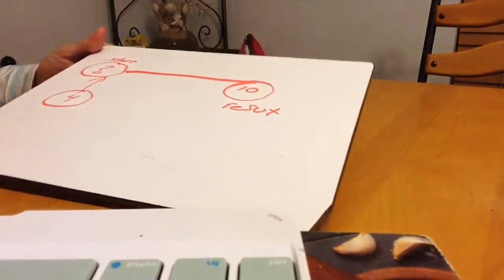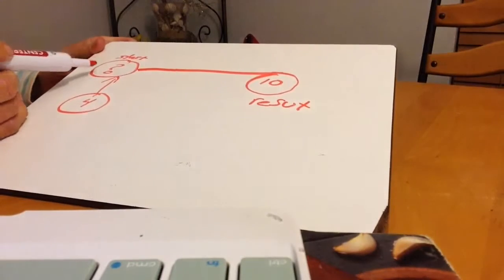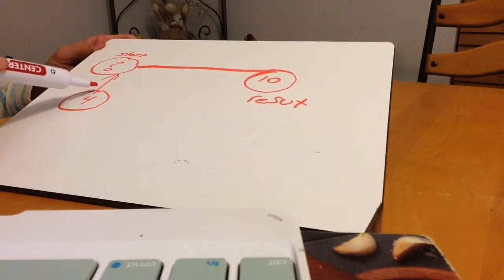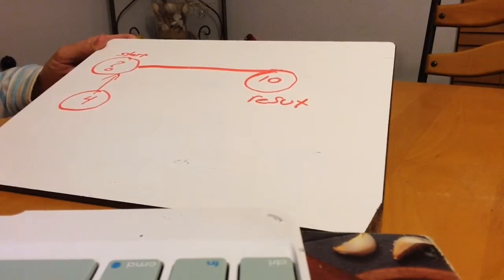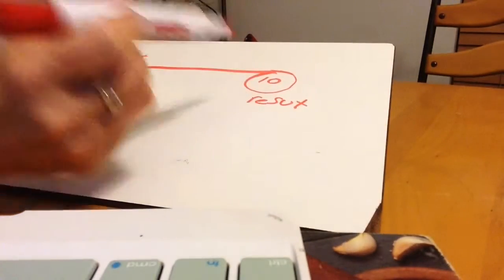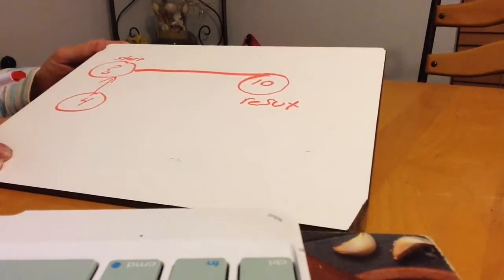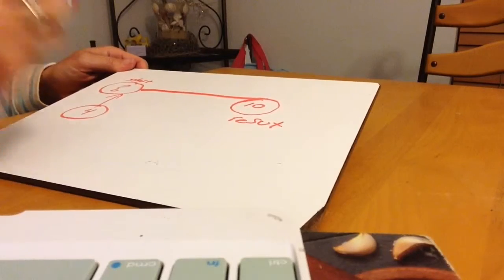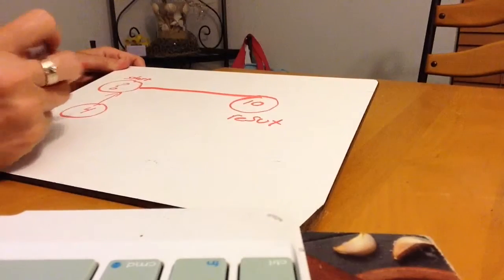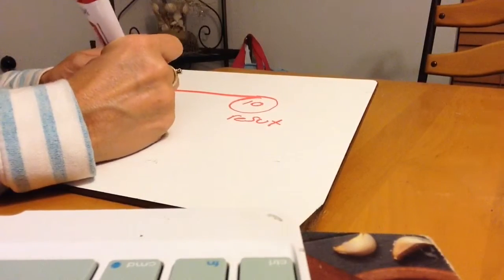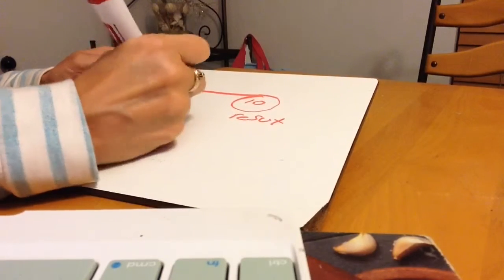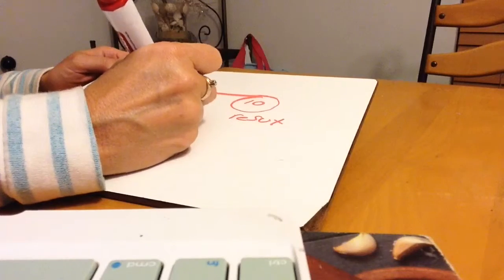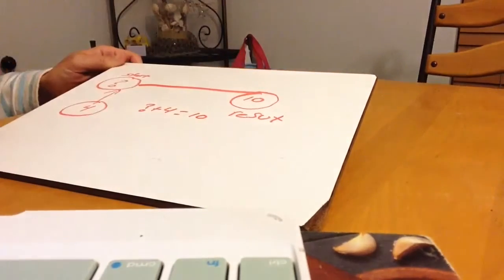Okay, so we have a question mark in the start. We know that Josh gave her 4, so it's going into the start. And the result is 10. So if we were to write that into a number sentence, we could write question mark plus 4 is 10.